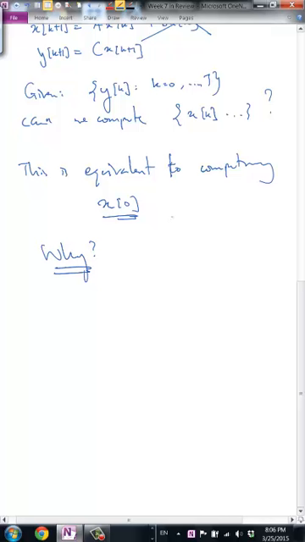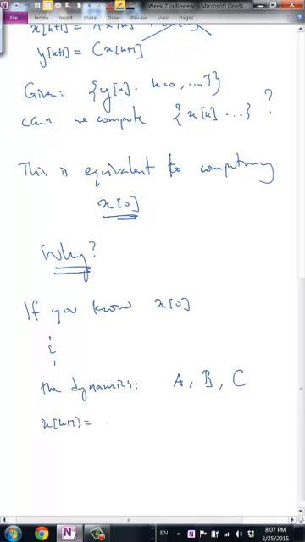Well, it's simple. The answer is that there's no noise, there's no stochasticity, there's nothing random in what we're discussing. So if you know x of 0, and you know the dynamics, so whenever we mean the dynamics, we really mean we know the matrices A, B, although we're ignoring B here, and C. In other words, you know that x of k plus 1 is equal to A x of k plus B u of k.